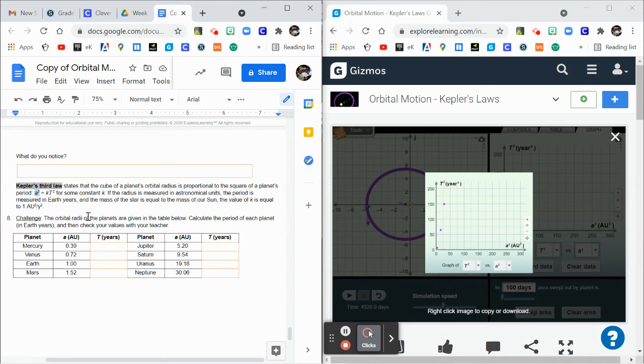Challenge. The orbital radii of the planets are given in the table below. Calculate the period of each planet in years, and then check your values with your teacher. So absolutely, let's do this.